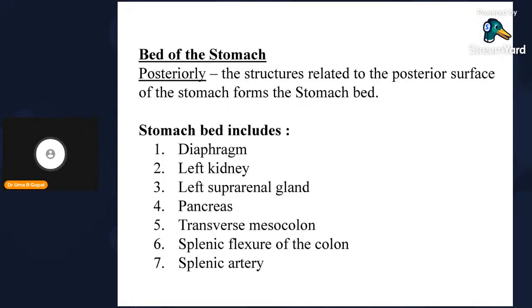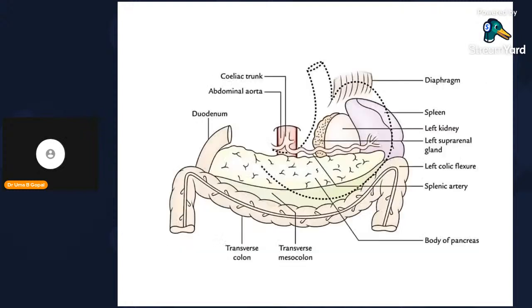Along with this, if you draw the figure, you will get good marks. See, this is the figure. You have to draw this figure. Minimum 4 marks they will give along with that list of structures in the bed of the stomach. The dotted lines represent the superimposition of the stomach and the structures posterior to it.